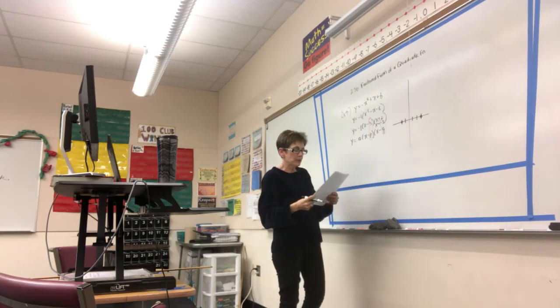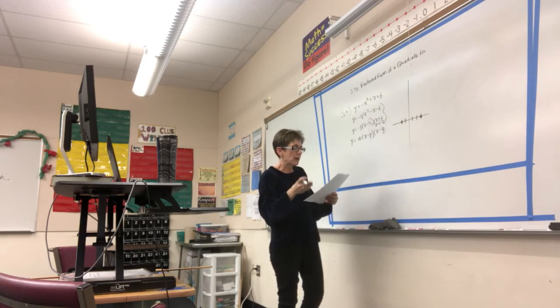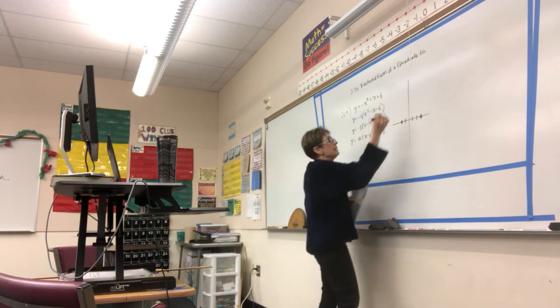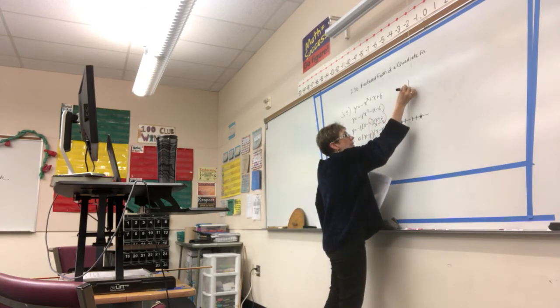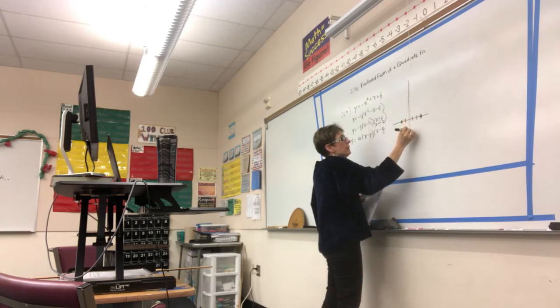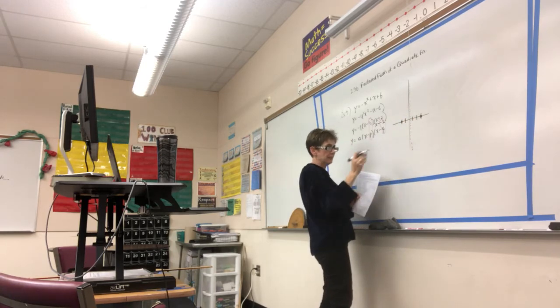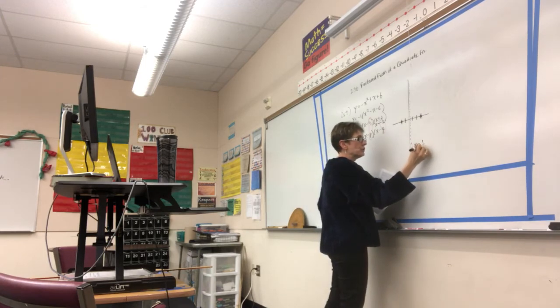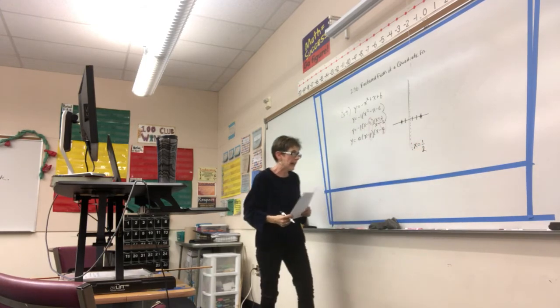To find the vertex, I would need to go halfway between those two intercepts. So those two intercepts are 5 units apart, so half of 5 is 2.5. So I need to go 2.5 in from each intercept, and I know that my axis of symmetry is x equals 1/2.